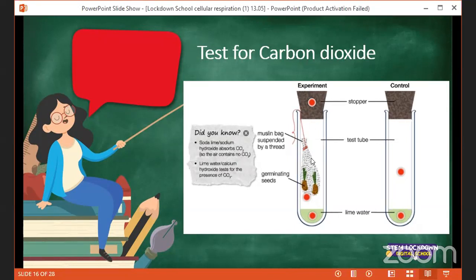We have the muslin bag, which is suspended by a thread. That thread is basically so that the germinating seeds which are in the muslin bag do not touch the lime water, which is poured in the test tube. As you guys can see here at the bottom, we have lime water in there. We have the germinating seeds, which are inside the muslin bag.